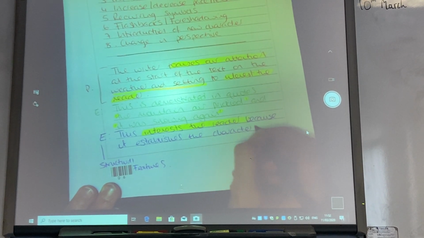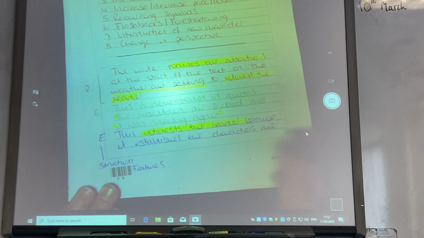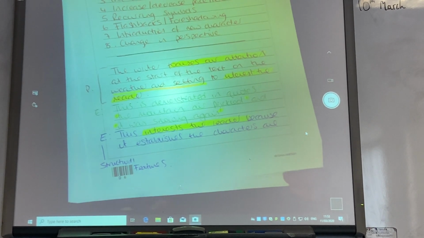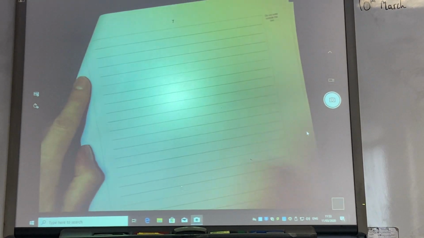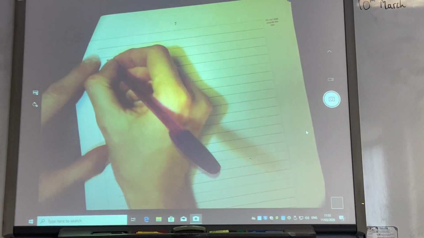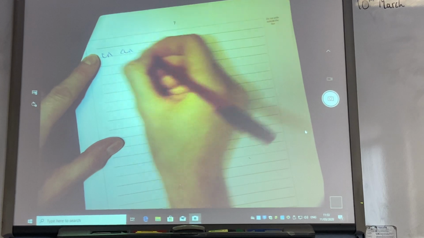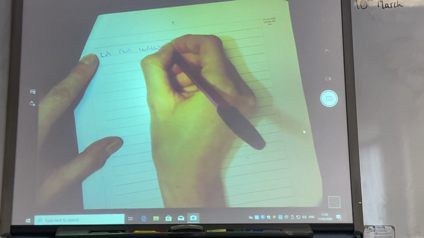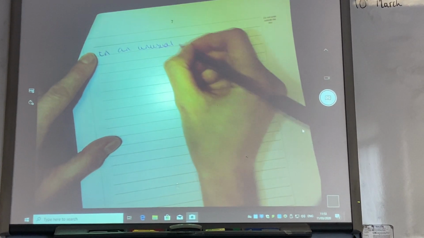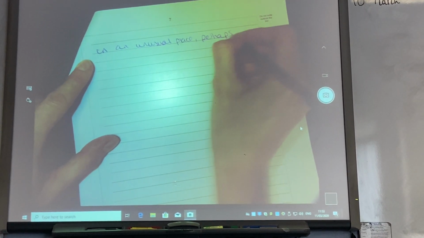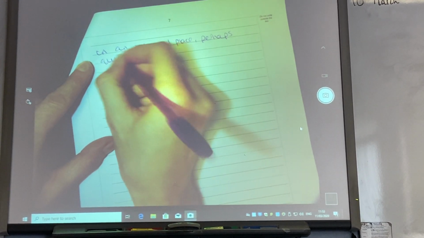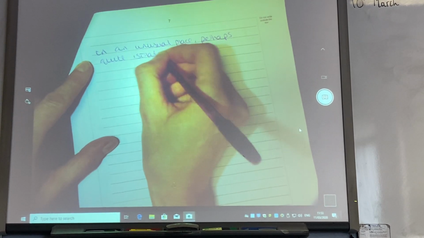the characters are, I'm going to turn my page over, so I'll just let you have a look at that before we do. There we go. Establishes the characters are in an unusual place, perhaps quite isolated.